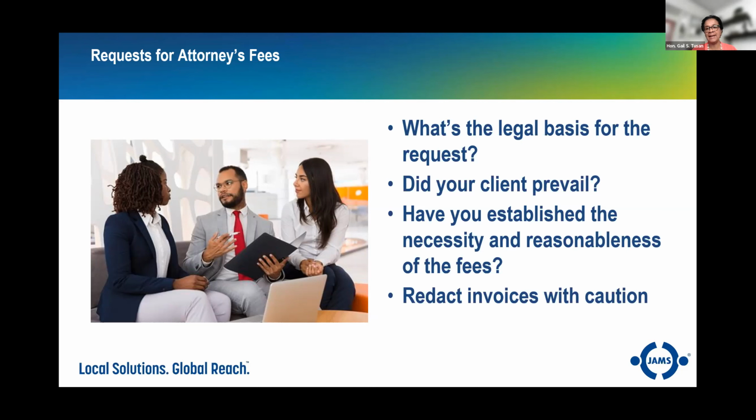Likewise, with block billing, you want to have enough specificity such that the arbitrator can determine who did what and how it related to what the arbitrator has determined to be the prevailing claims.